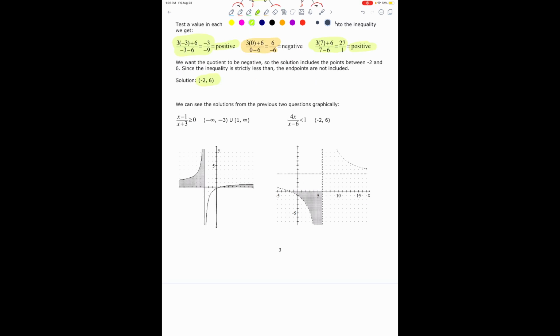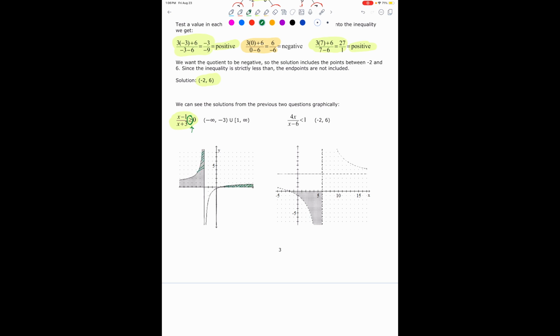We can see the solutions from the 2 previous questions graphically, actually. So if you graph the inequality on a software, let's say Desmos.com, you will see the parts where the first inequality is greater than 0. So it's anything above the x-axis, which is basically this area right here and this area.